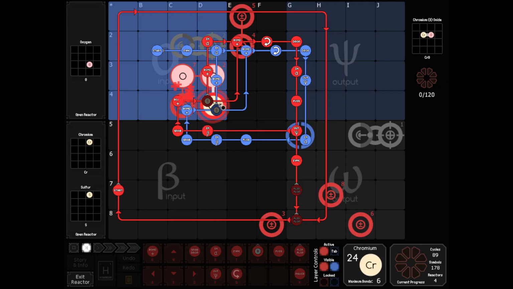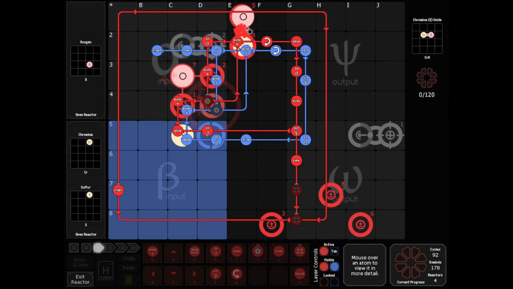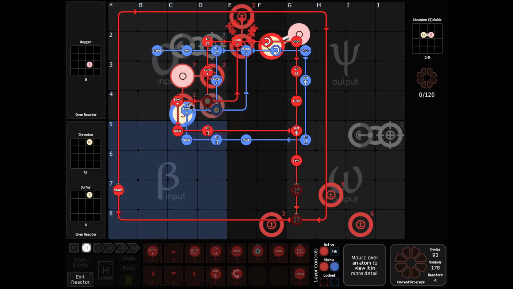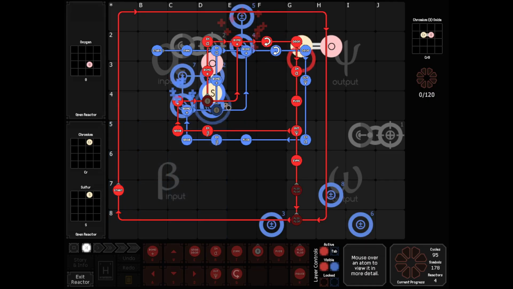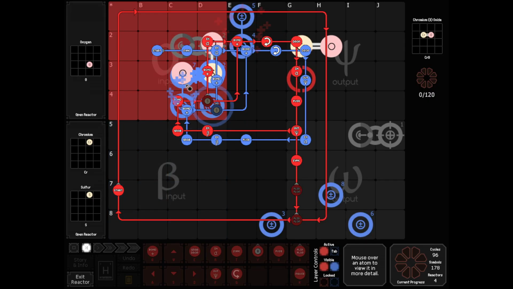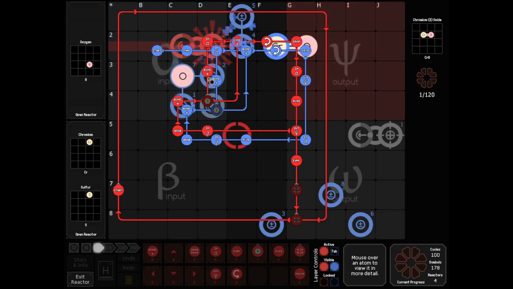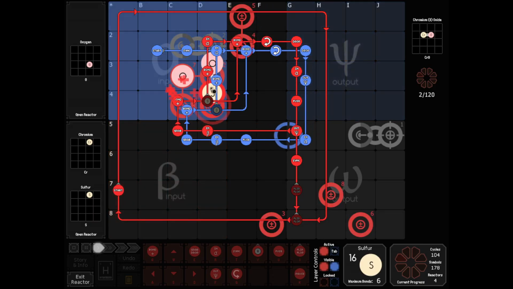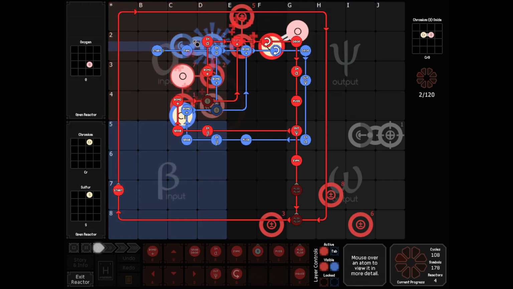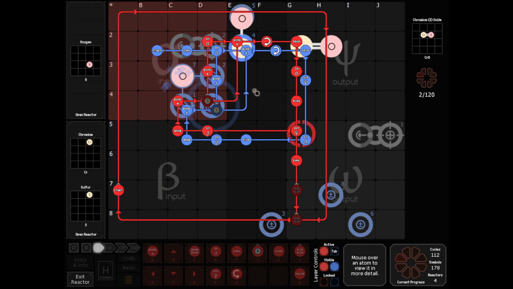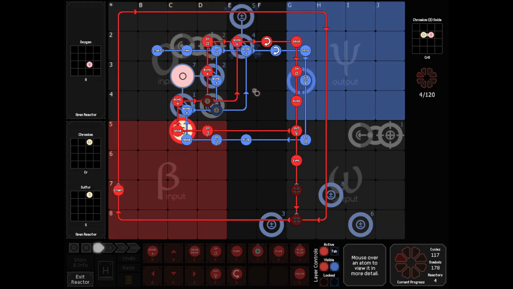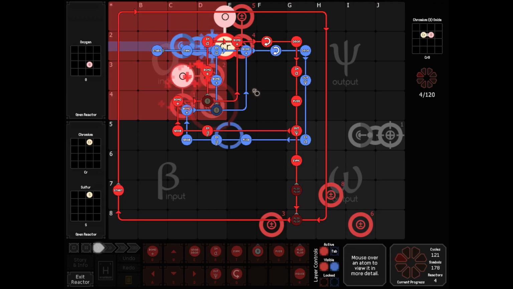And now it detects that it already is chromium by not being sulfur. So it just moves along. If it is sulfur instead, then it moves up here, bonds to another oxygen. And yeah, that's it. It fuses them together right there. Really nice how all of these inputs happen at the right time.